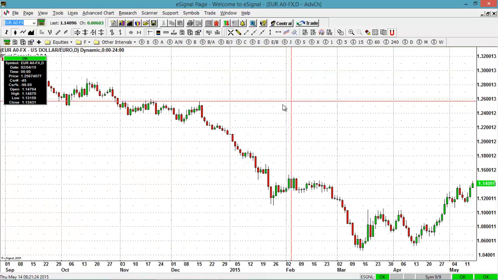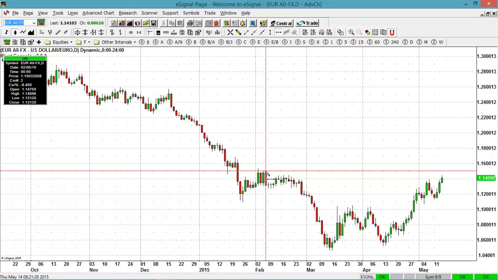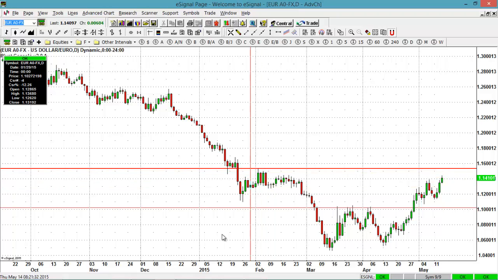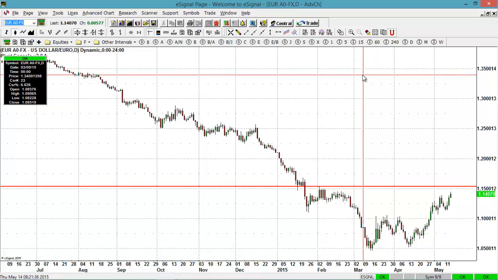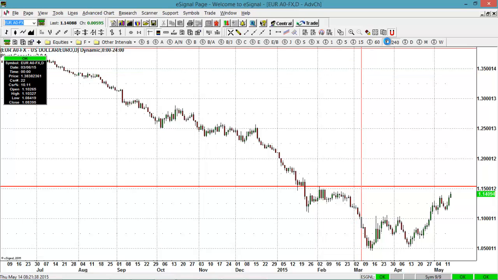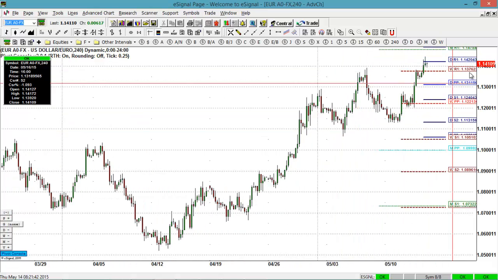Taking a look at the euro currency, we're still below the critical resistance in the euro. What will be interesting is to see if the market is able to close above this resistance area.